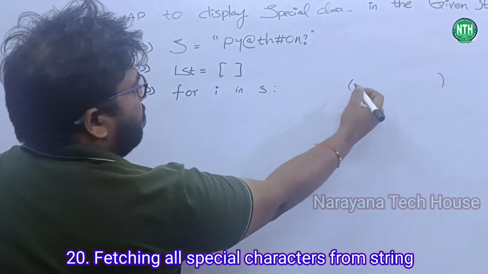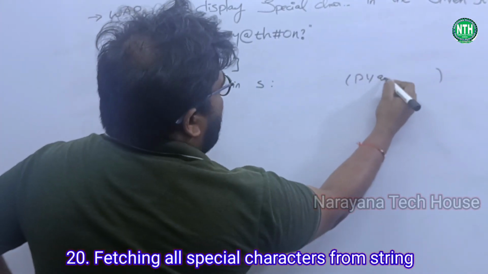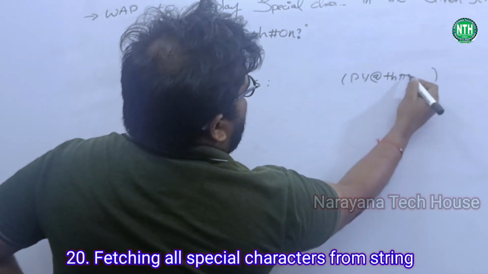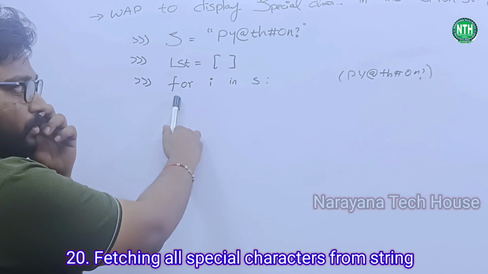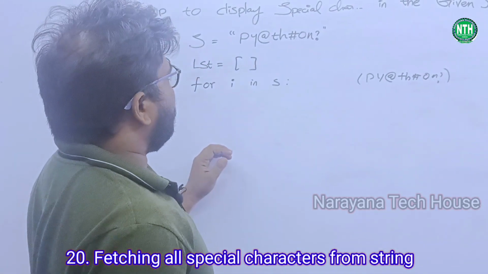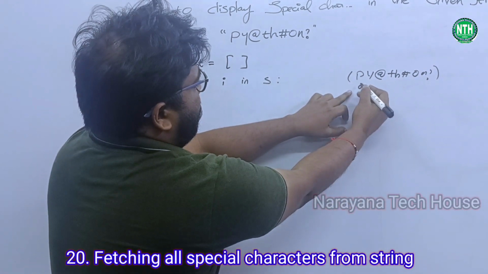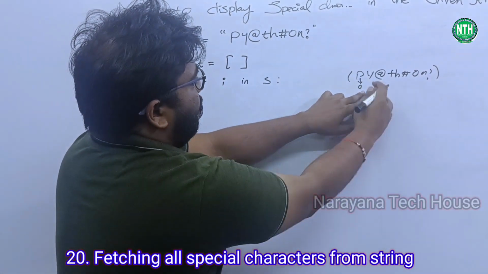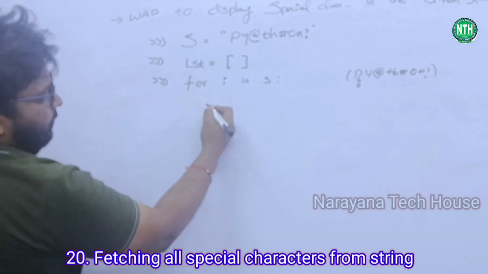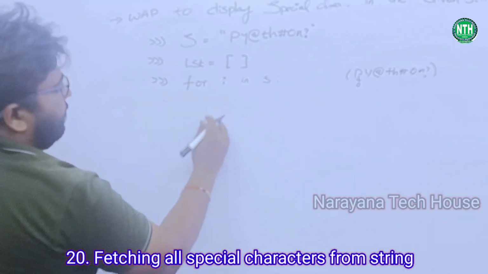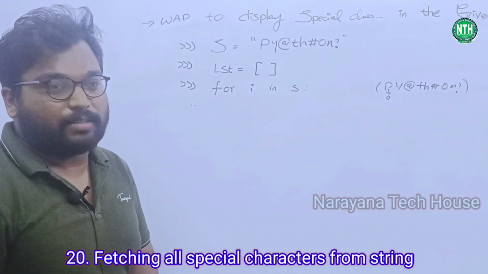Like for i is equal to 0, it will take p, and for i is equal to 1, it will take y, and these characters will be going through the for loop. Then in this we will verify whether the character is special or not.